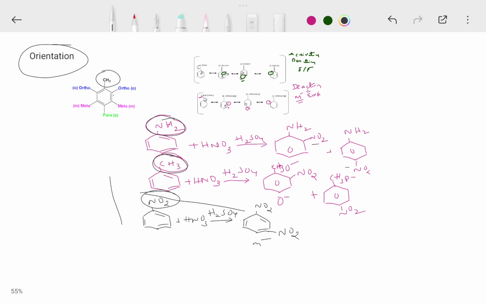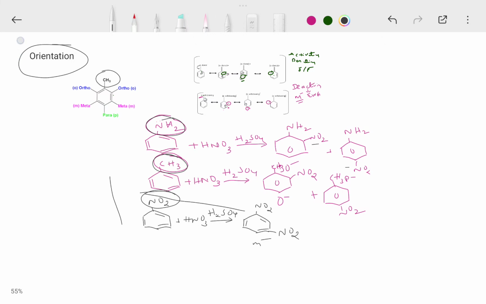This substituent decides whether the entering electrophile occupies the ortho, para or meta position on the benzene ring.